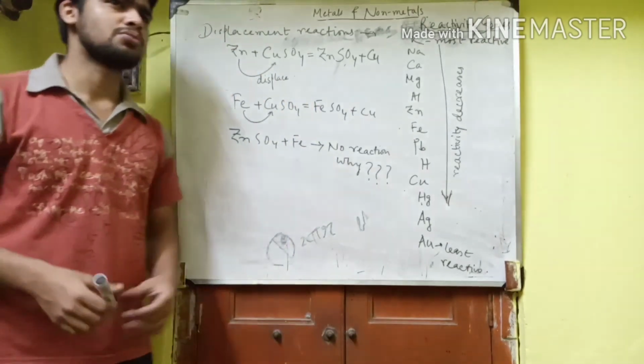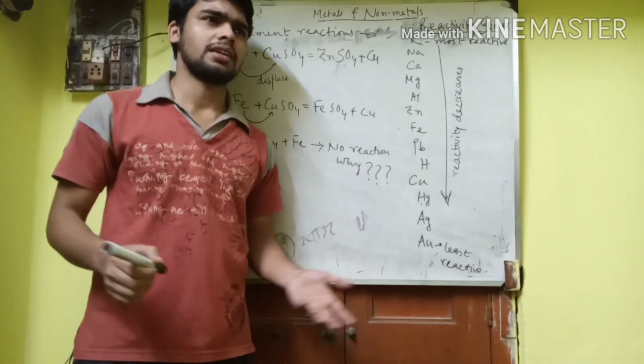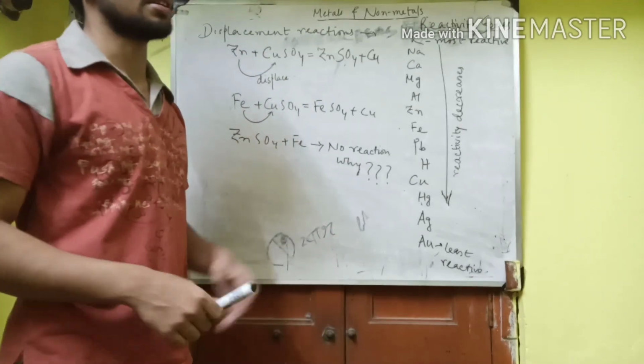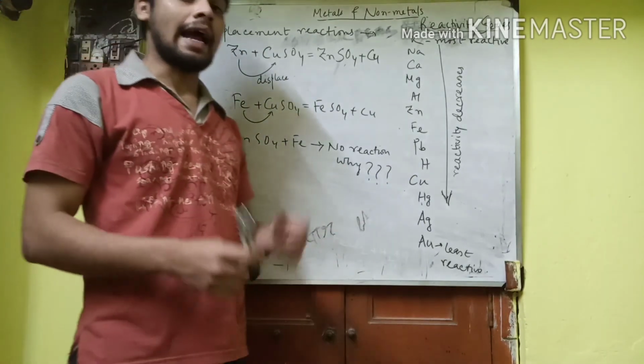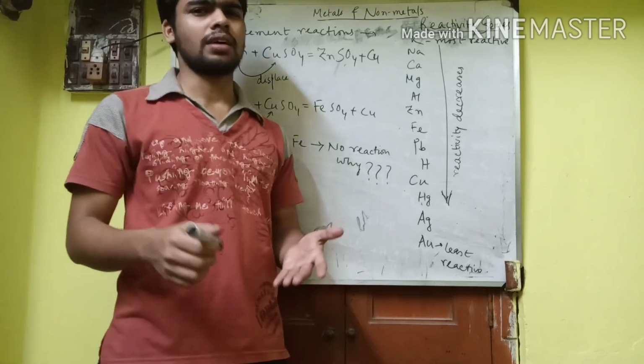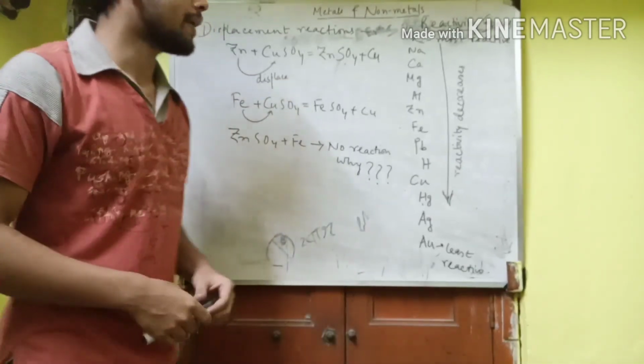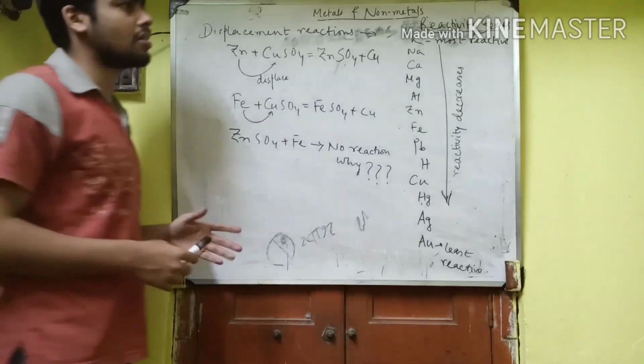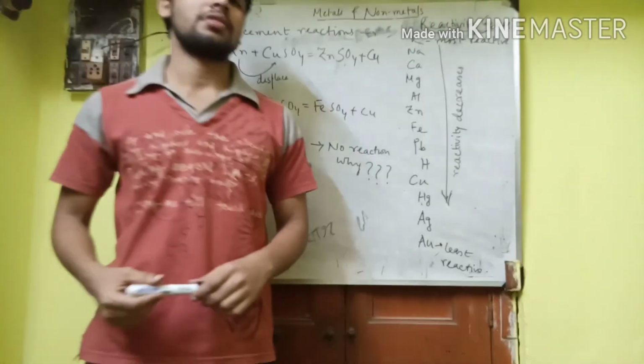And non-metals are also used in various ways. Non-metals are used in medicines, antiseptics, and there are other uses also. You can go through the book. Okay, so these are all the topics about metals and non-metals for class 8 standard.